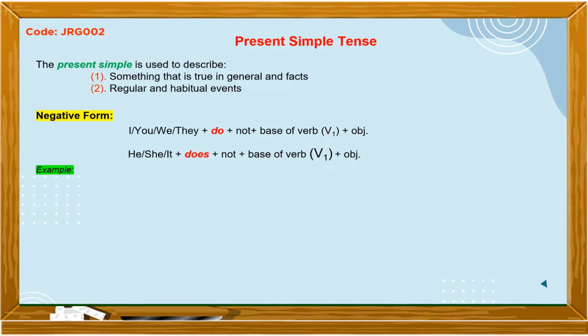In studying grammar, it is very important to know the form of the grammar's tense, because when you understand and know the form of the grammar's tense, it can help you to make sentences correctly. The reason that we need to learn the form first before we move to creating sentences is that we are Cambodian, so we learn English as our second language, meaning that we are not native speakers.